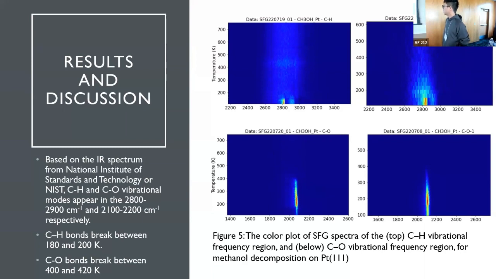So when analyzing all the data, I was able to obtain the 4 spectra of the SFG. The two top figures are the CH, and the bottom is the CO. Basically, we can see that the CH is giving the signal between the 2800 and 2900 wave number, and this is exactly the same as the IR spectra of the CH, where they also appear in the 2800 to 2900.